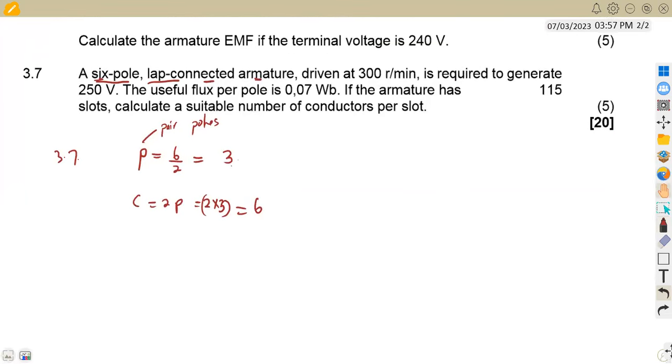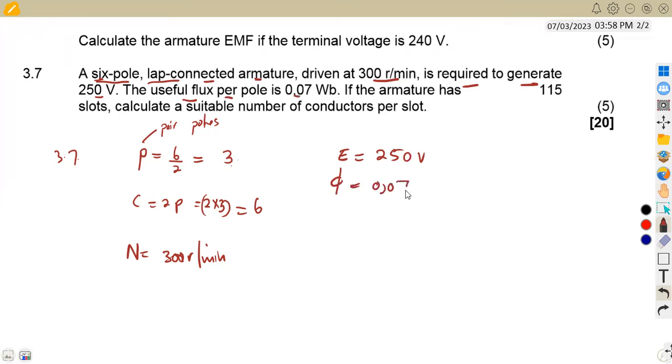It is driven at a speed of 300 revs per minute. That means we've got a speed of 300 revs per minute, and it is required to generate the generated EMF that we are given there of 250 volts. The useful flux per pole is 0.07.